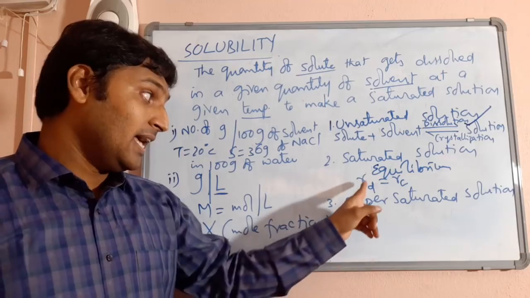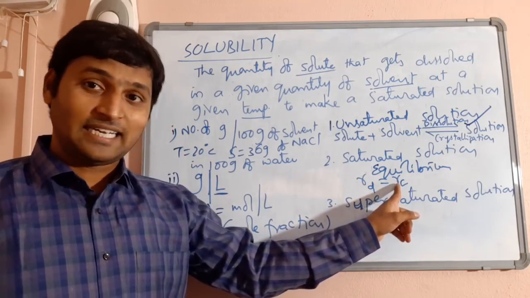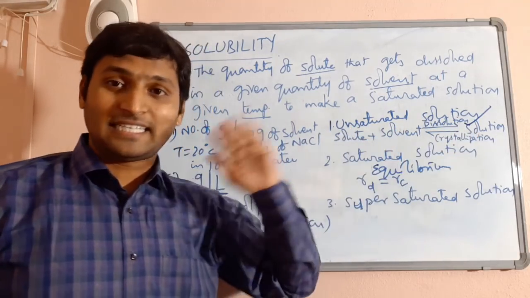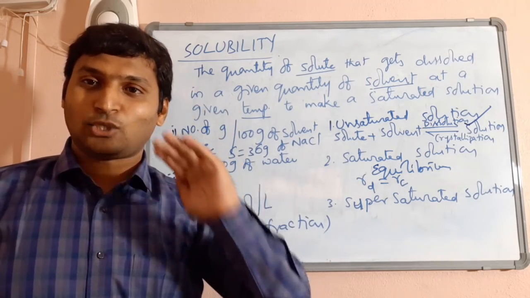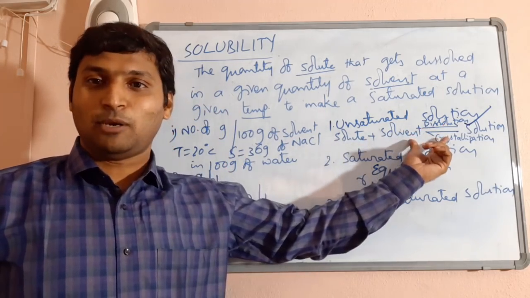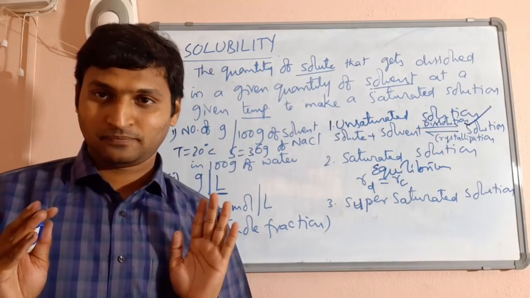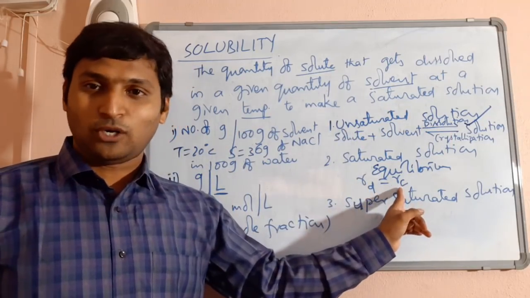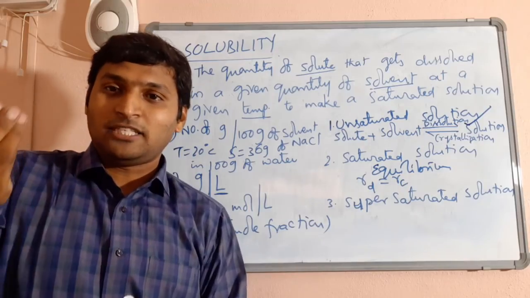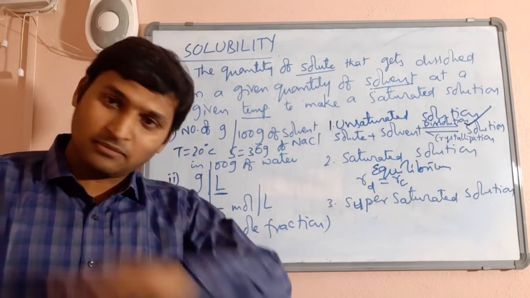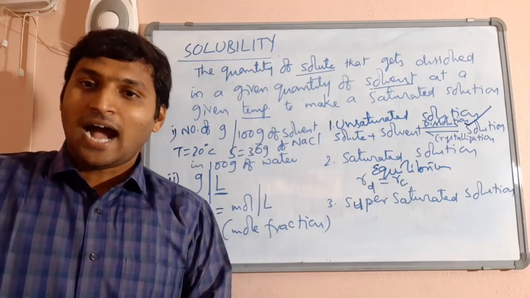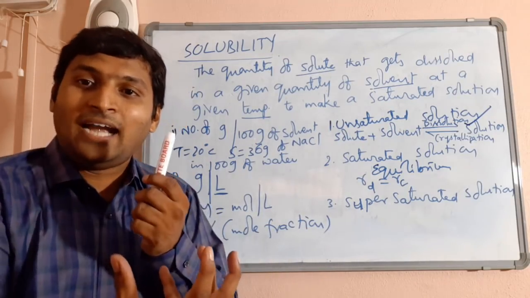Please understand, the rate of dissolution is equal to the rate of crystallization, meaning the process has exactly reached equilibrium. So once you prepare a saturated solution, this reversible process reaches equilibrium. That means you add 1 extra gram. Here I have dissolved exactly 36 grams. Equilibrium is reached. I add 1 extra gram.